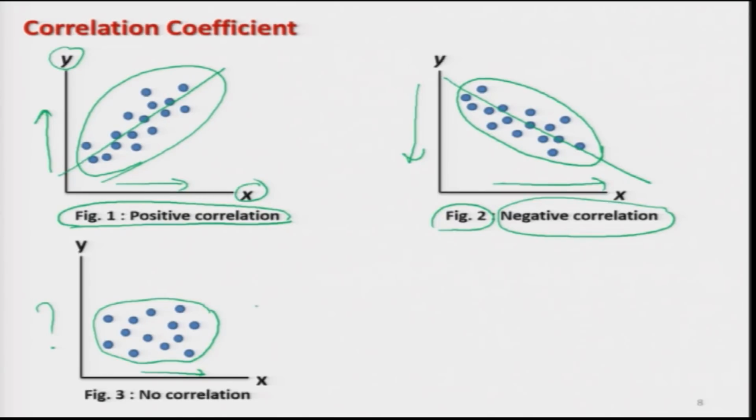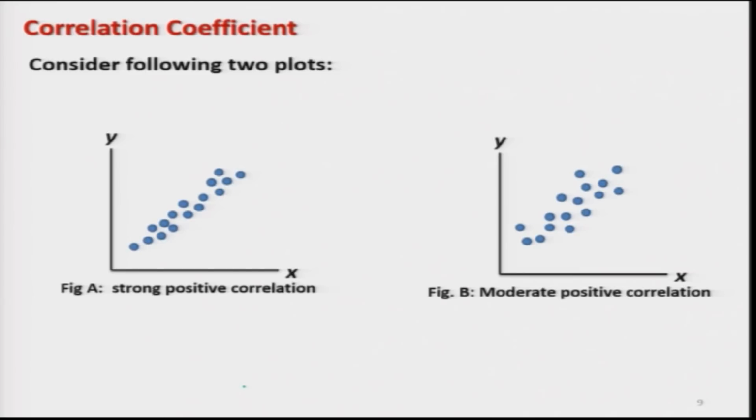In this case we say that x and y are independent of each other, and the correlation between x and y is 0, or x and y have no correlation.